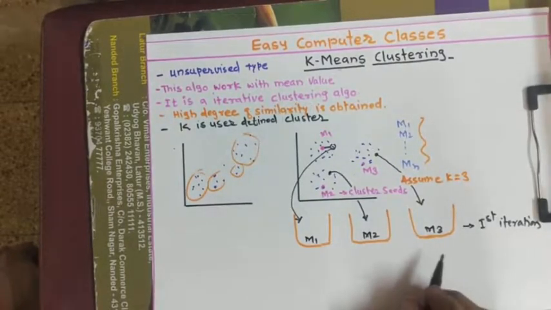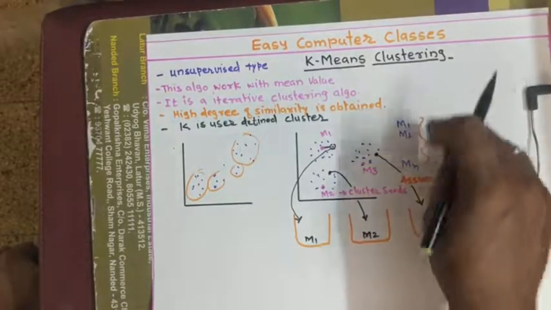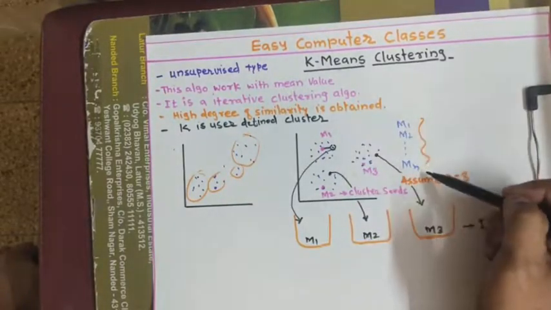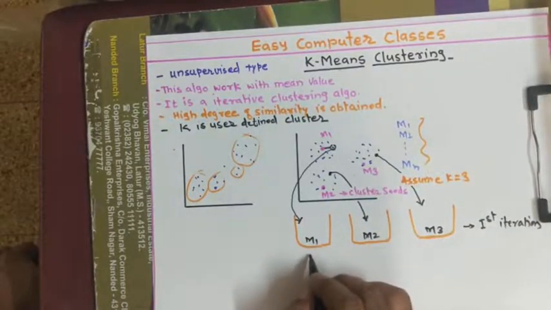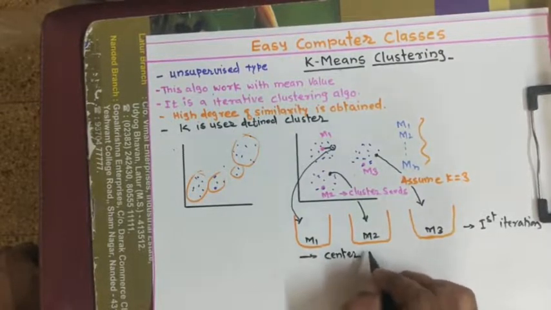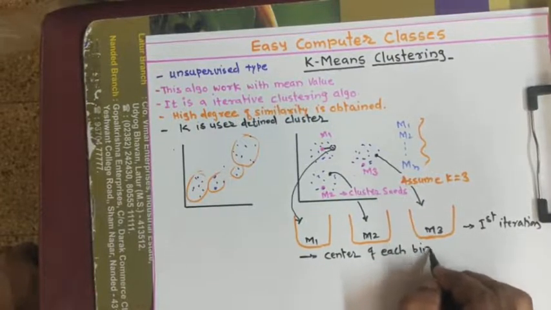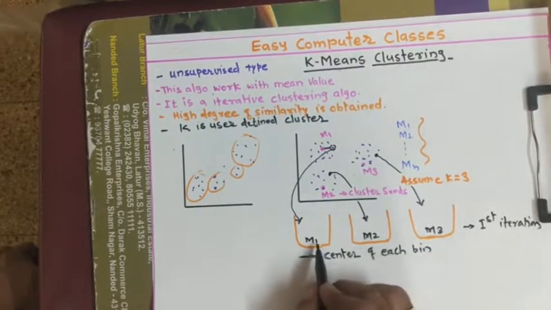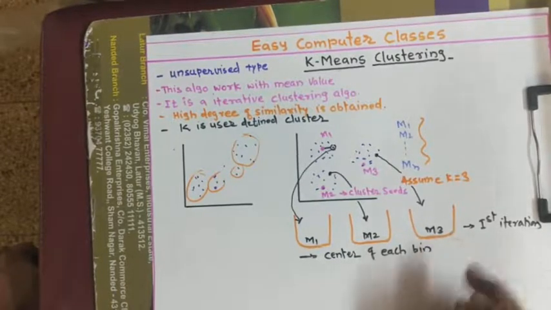After the first iteration, before taking every point from the training data set again, we calculate the center of each bean. The center of each bean may have changed compared to the previous one.